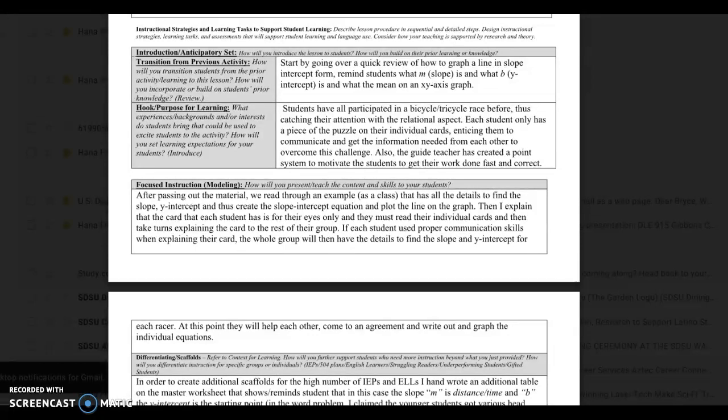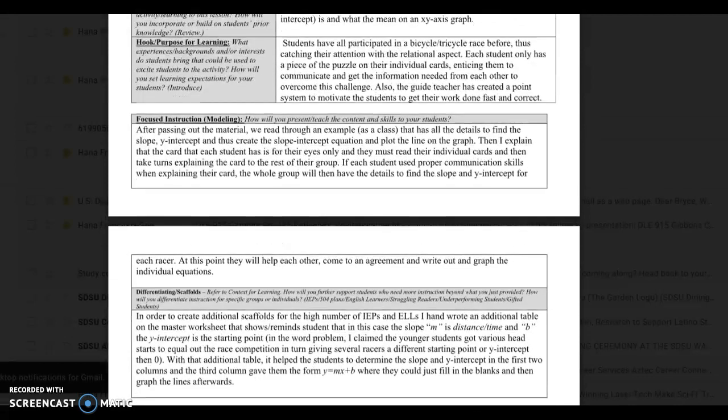And then the hook and purpose for learning. The hook was that CPM, Common Core, used a tricycle race, which wasn't my idea, and most students have participated in a tricycle or bicycle race. That gave students the relation and caught their attention to really find an interest in this.